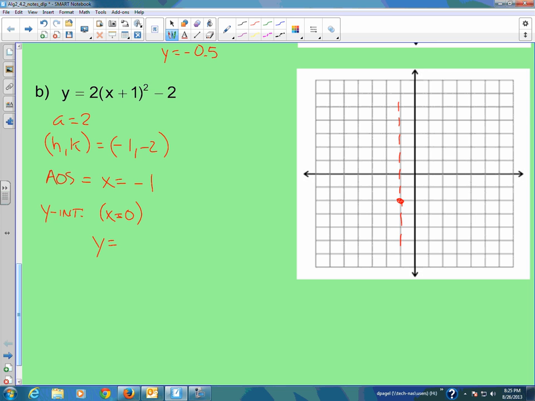And we get y is equal to 2 times 0 plus 1 squared minus 2. 1 squared is 1 times 2 is 2. 2 minus 2 is 0. So at y-intercept of 0, by reflection, I would go 1 unit to the left of that axis of symmetry, and we get our parabola like so.